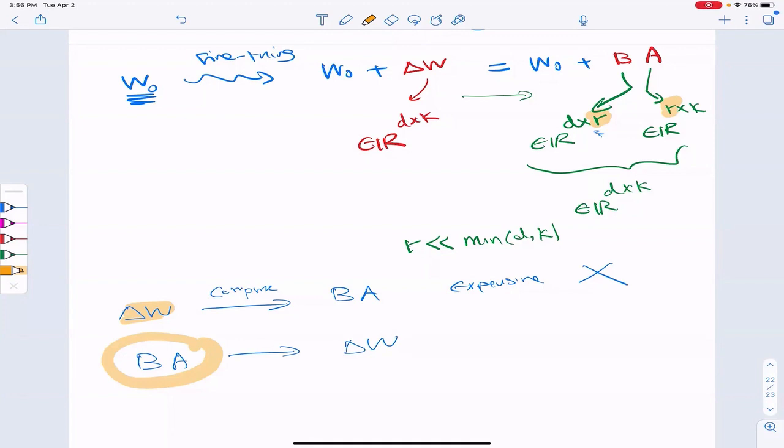I can pick whatever R I want, and that can adjust my complexity.